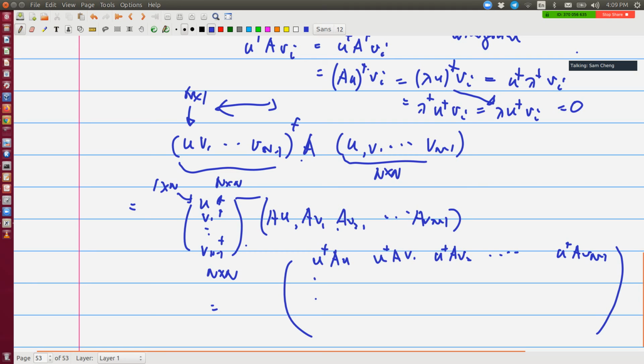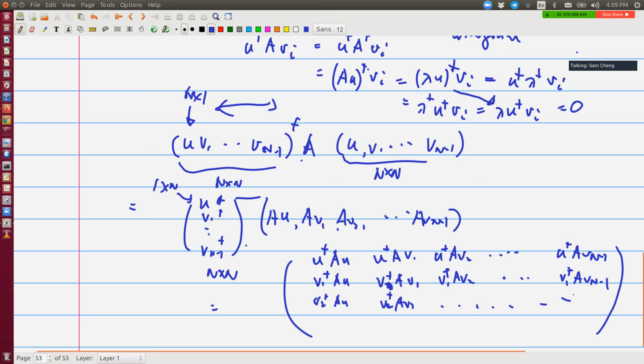And here is V1 Hermitian A U, V1 Hermitian A V2, V1 Hermitian A V(m minus 1). Then I have V2 Hermitian A U, V2 Hermitian A V1, and so on and so forth.